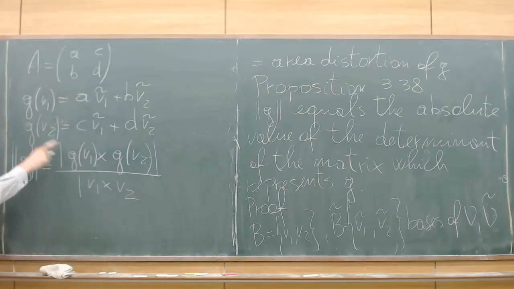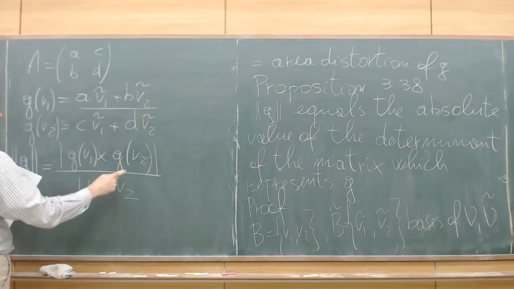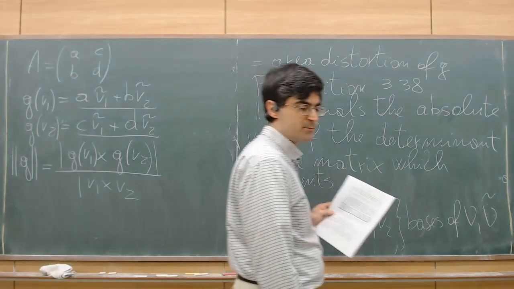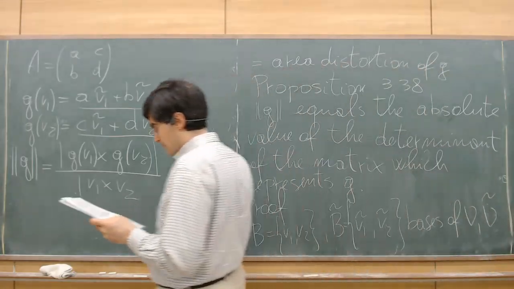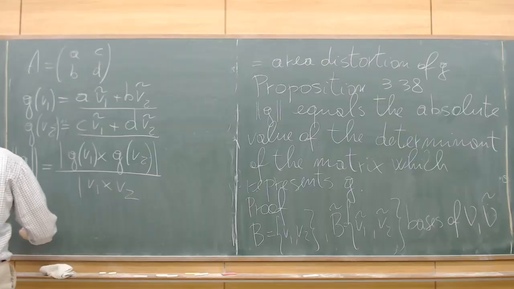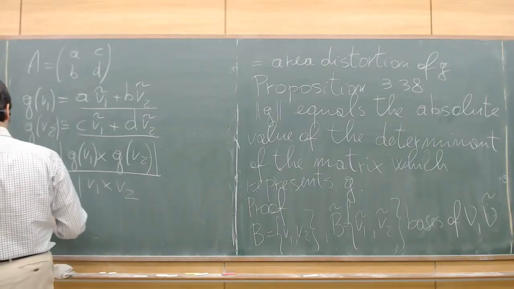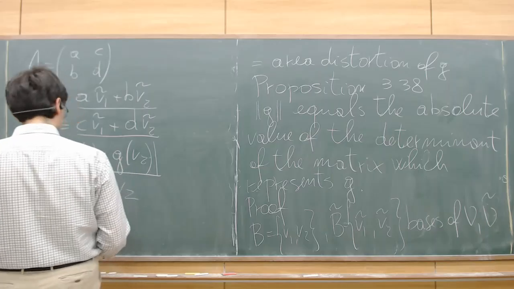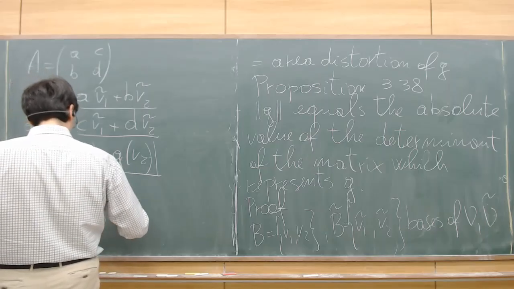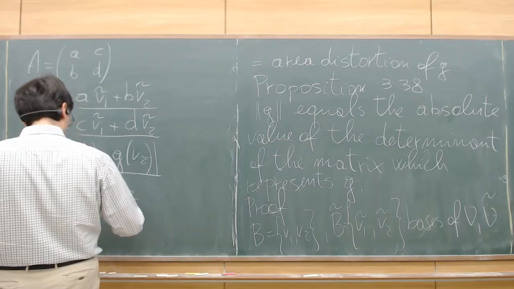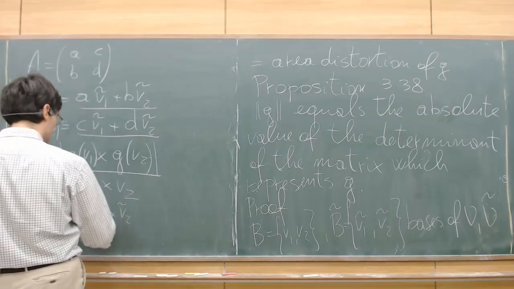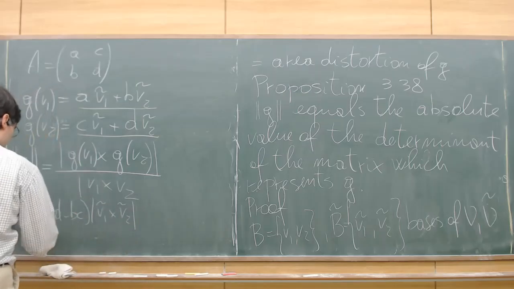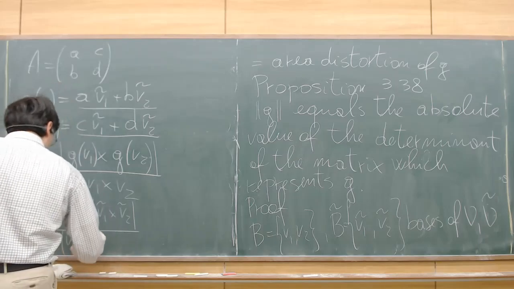If you replace GV1 by this vector, GV2 by this vector, using one more time the algebraic properties of the cross product, you will find AD minus BC times V1 tilde cross V2 tilde, divided by V1 cross V2.